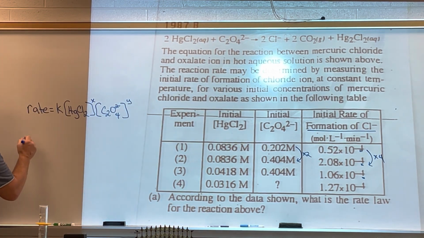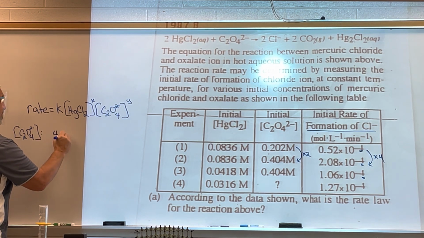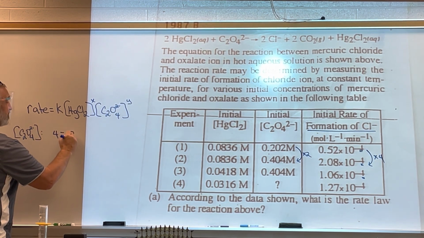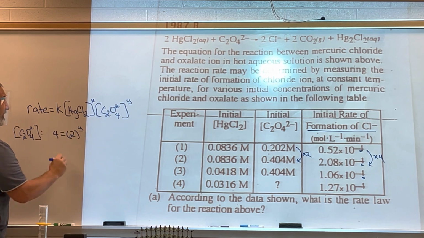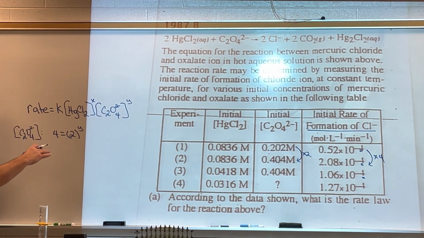So to show the work, for C2O4, the change in rate, 4, is equal to the change in concentration, 2, to some power y. Now on the AP test, you probably need to write that out one time, just the generic, but then you can just do this.